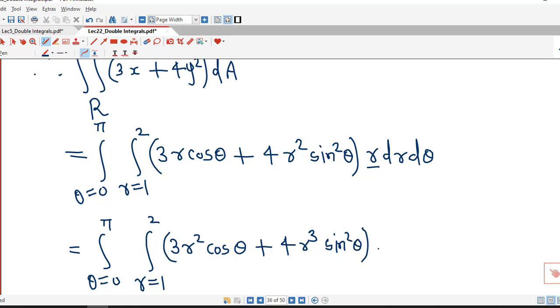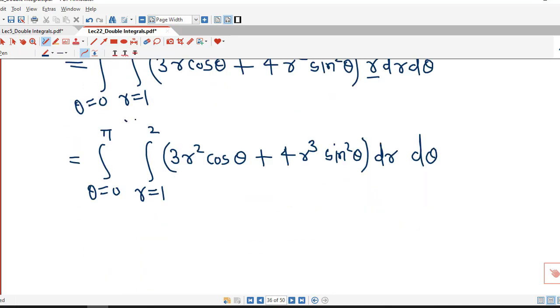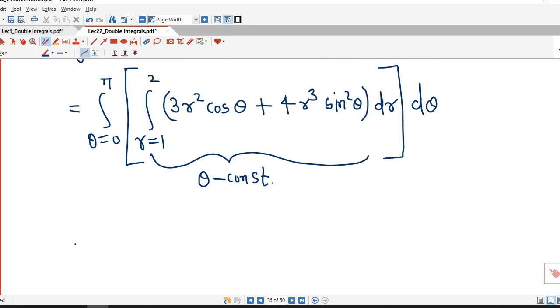First integration is with respect to r and then with respect to theta. So for this inner integral, we consider theta as constant. So cos theta and sin squared theta are considered constant while integrating with respect to r. Here theta is from 0 to pi. 3 cos theta is constant.